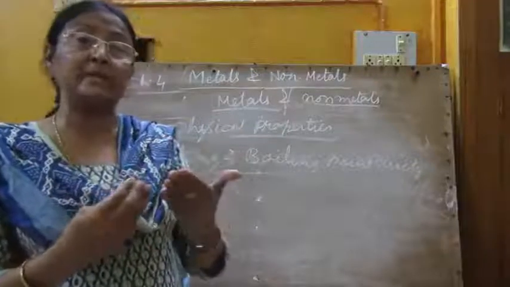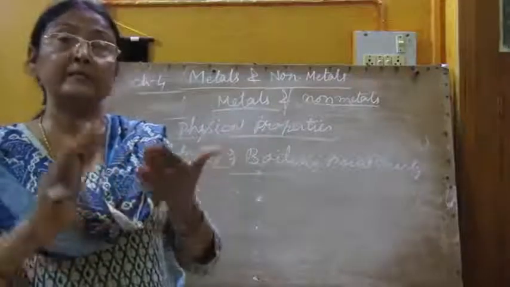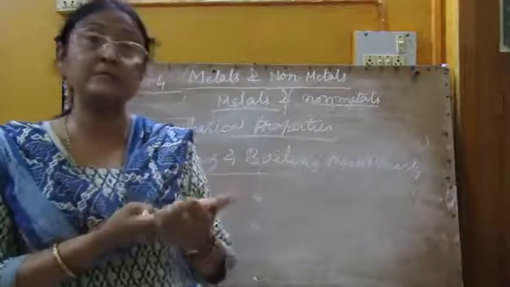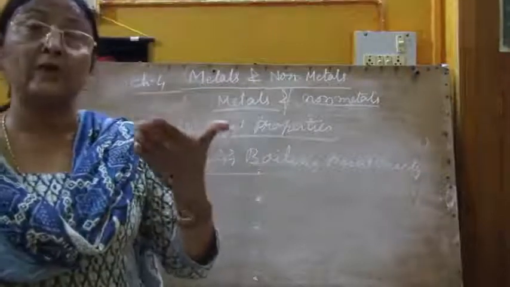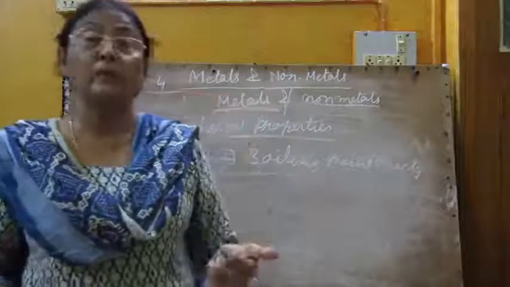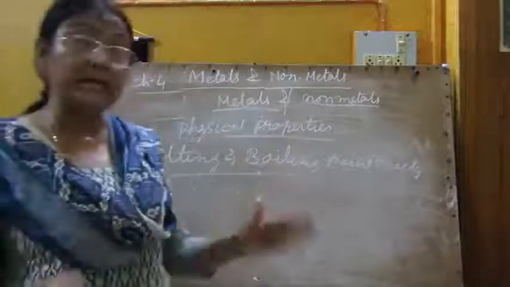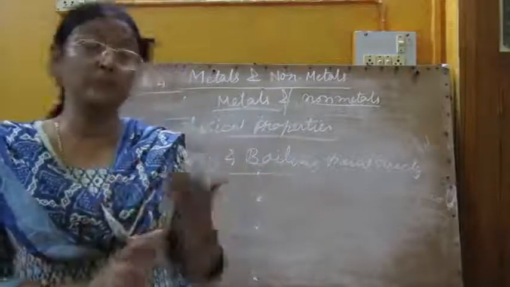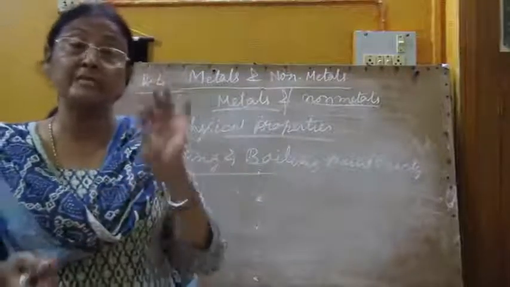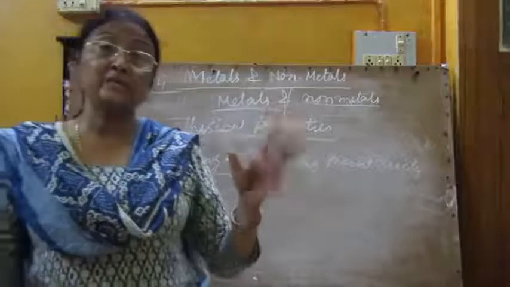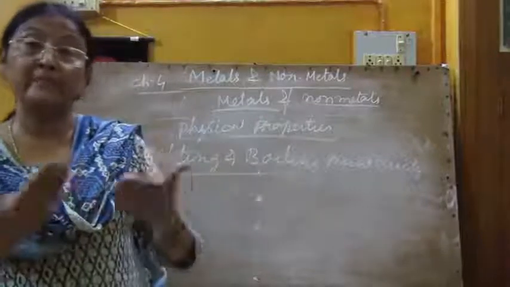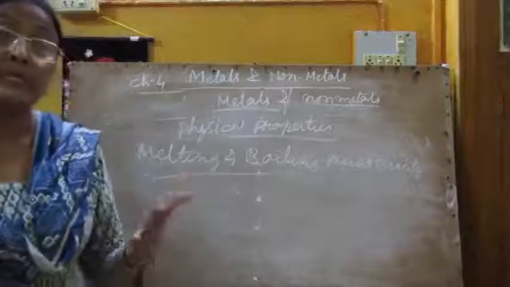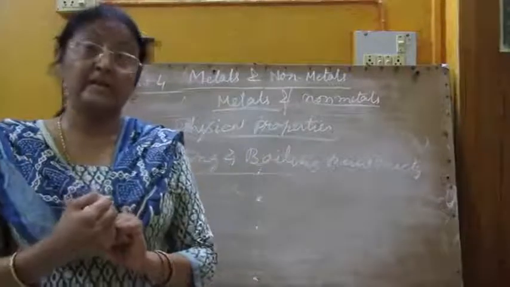After using it for some time, you will see a dullness of the luster. That means you cannot see the metal as bright. Why does it happen? Because of the reaction of moisture, that is water vapor, and oxygen with the metals, due to their reactivity, their property to combine with other elements.